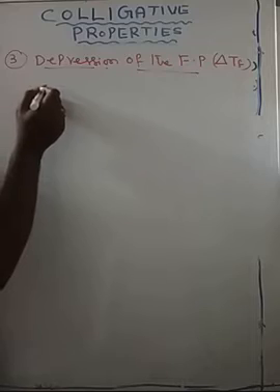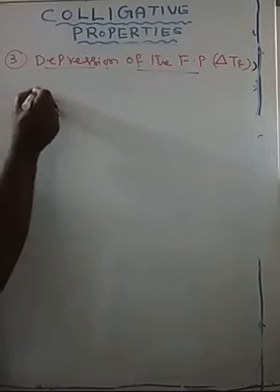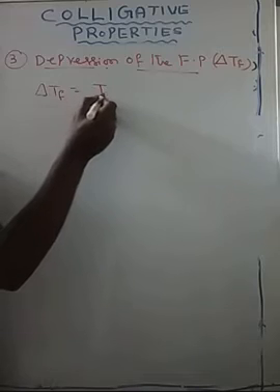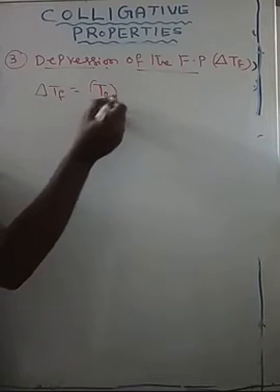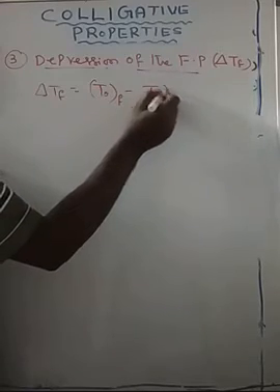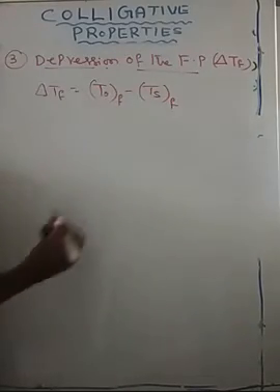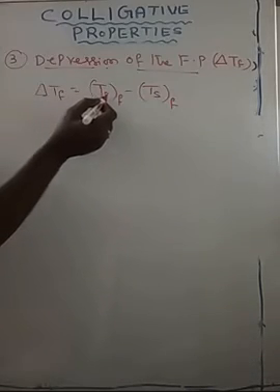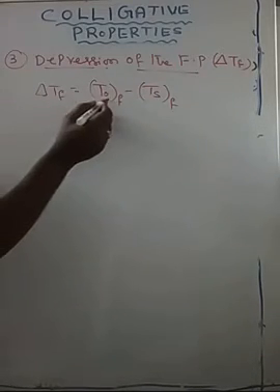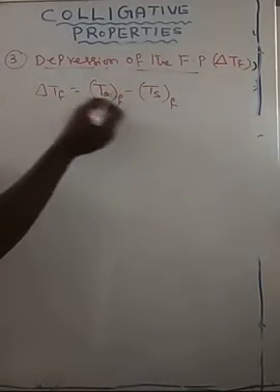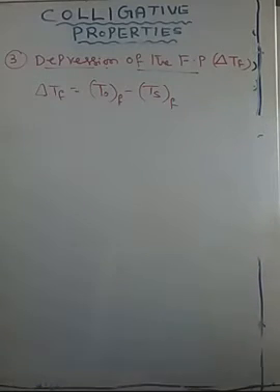That is why depression of the freezing point is defined as delta Tf is equal to T naught f minus Ts f. So the freezing point of the solvent is greater than that of the solution. The difference between these two is called delta Tf.